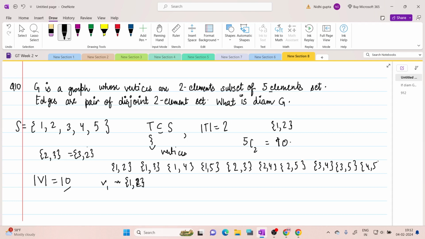So I have listed down 10: 1, 2, 3, 4, 5, 6, 7, 8, 9, 10. So these are my 10 vertices.